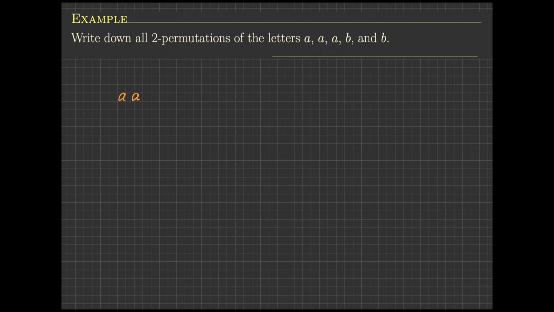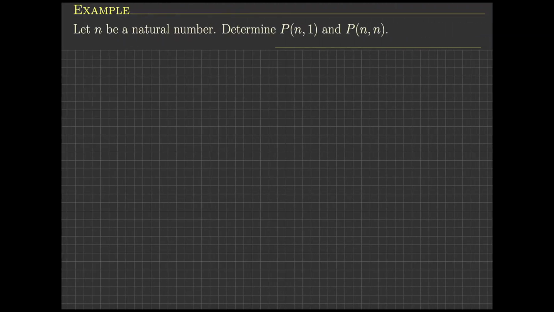I can decide to choose 2 B's, and that's BB. But is there any other combination and arrangement that I can have? AB, but when it comes to AB, I have another one, BA. So these are all the possible 2-permutations of these objects, but I cannot use the symbol P(4, 2) for this case because the objects are not distinct. Is that clear? That's very simple.